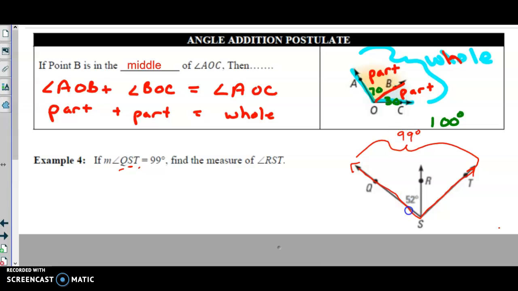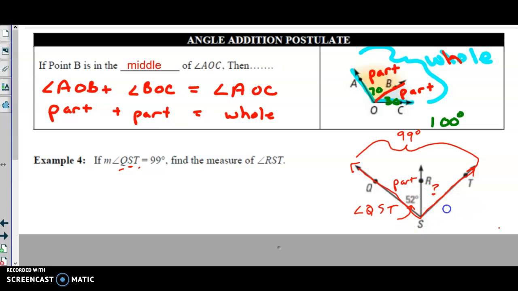If we were to take a protractor and measure that, that would be a 99-degree angle. Okay, we know that this angle QRS or QST is 52 degrees. And so that's one of the parts. And we want to figure out what this part is.